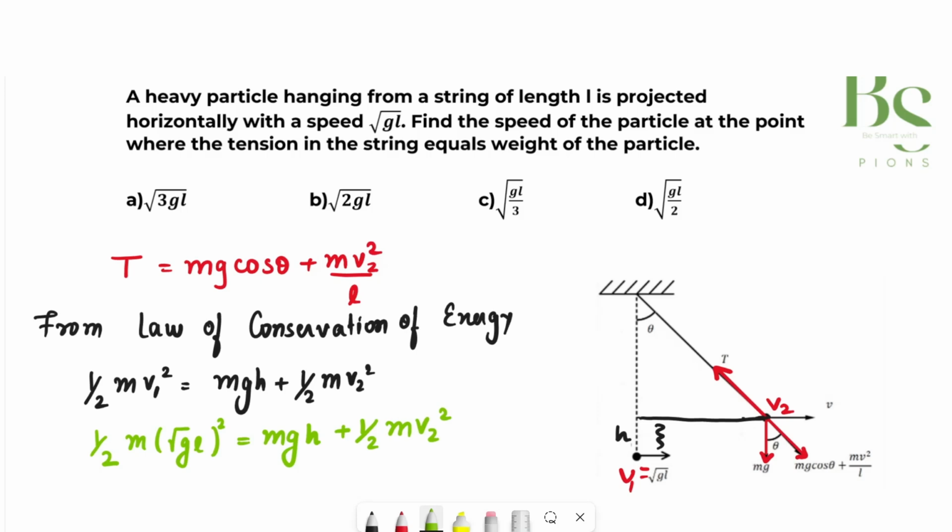Okay, let's see what is the value of h. How do we find h? Now understand very carefully. We know that this part of the string has a length L, so that is L here.